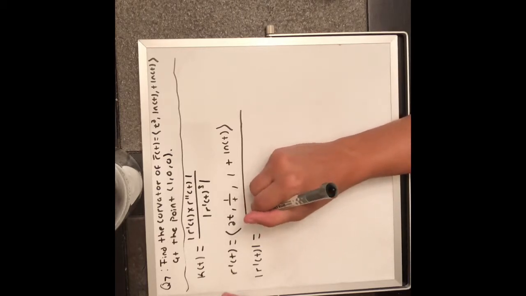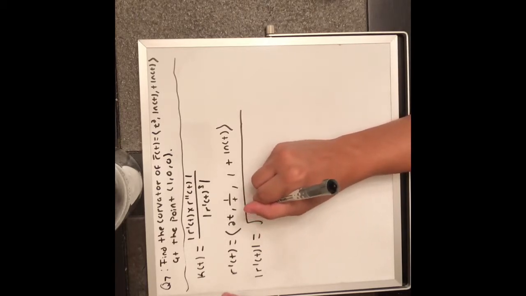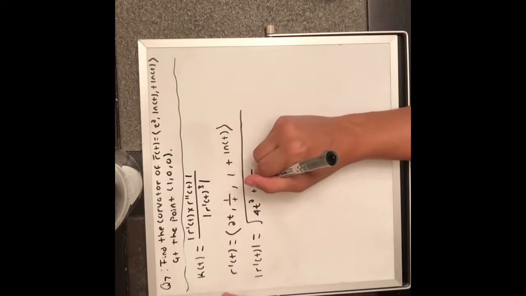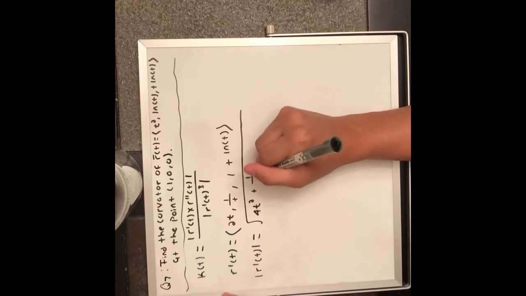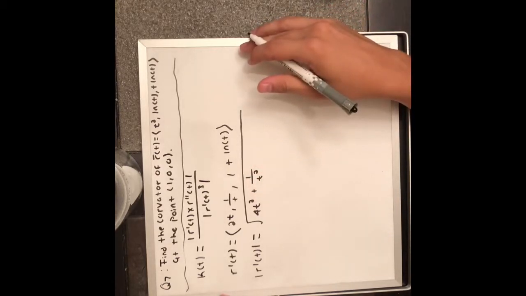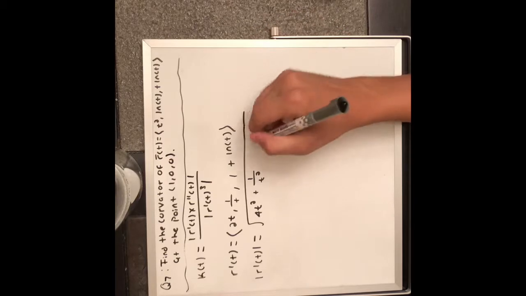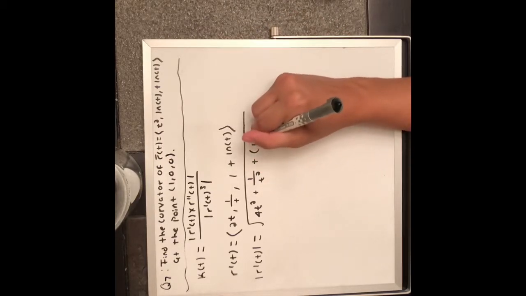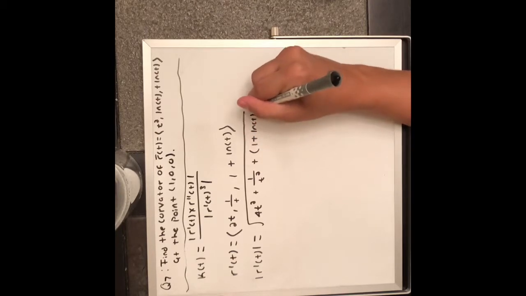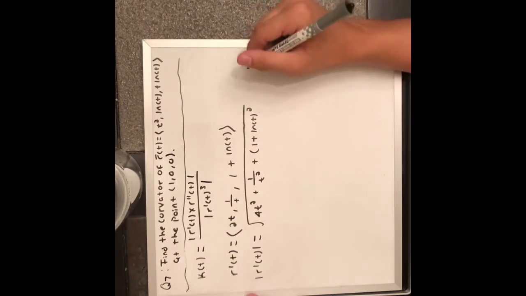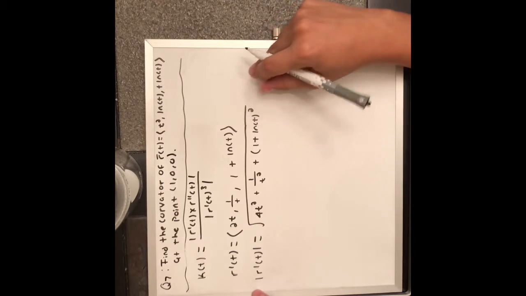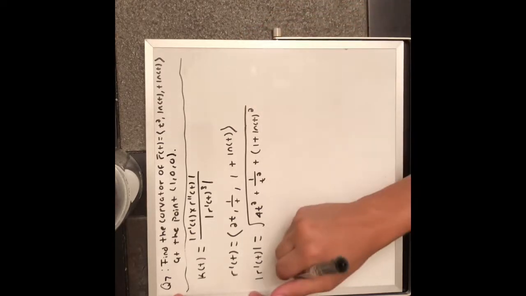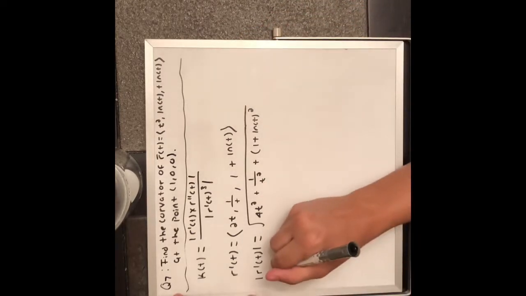So 2t squared is 4t squared, plus 1 over t squared, plus 1 plus ln of t squared. So now that we have the magnitude of r prime of t, and the question is asking to find it at the point (1, 0, 0), let's solve for this when t is 1.